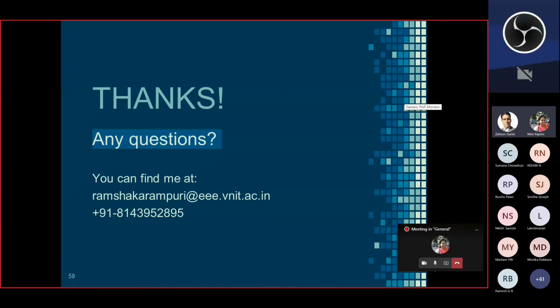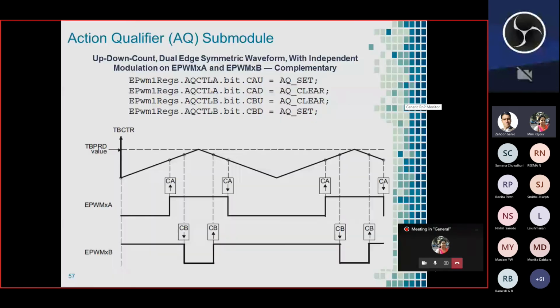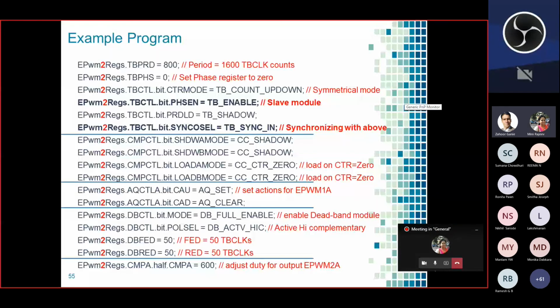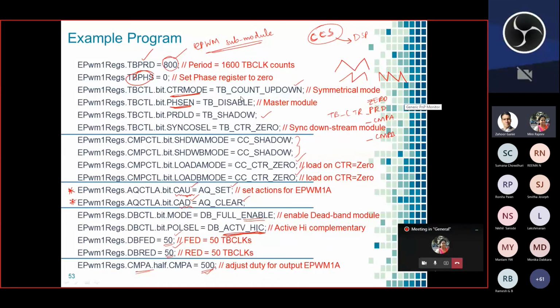Any more queries? Thank you, Dr. Ramsha Karampuri. There is one question: how can phase shift be implemented between PWM 1 and 2? Yeah, phase shift, here I have shown you. Here the phase is enabled. Previously it was disabled.